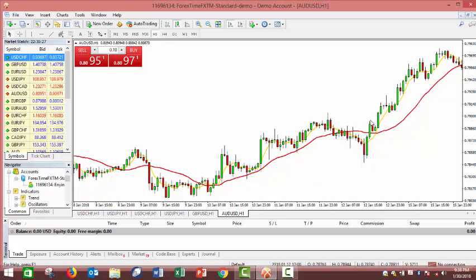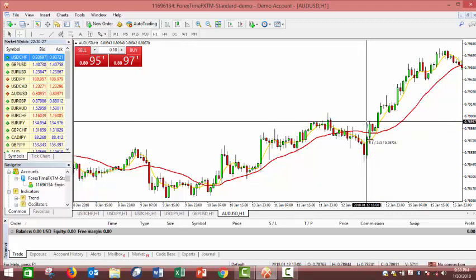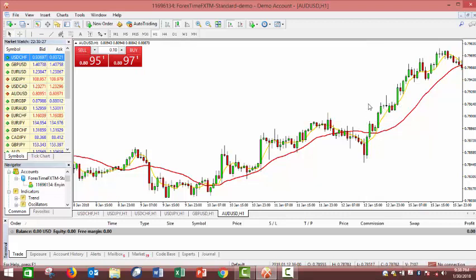Your target profit is going to be the length of this candle. This is 21 pips, so your target profit is going to be 21 pips. This is where you keep your take profit, and you keep your stop loss just below here. You take that one, it has been a good trade for you.